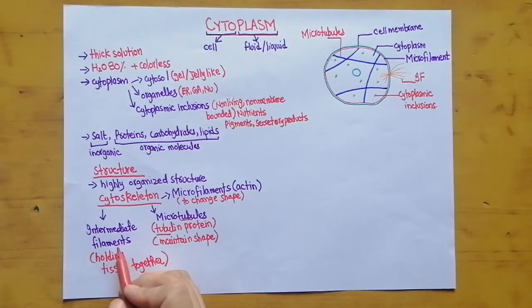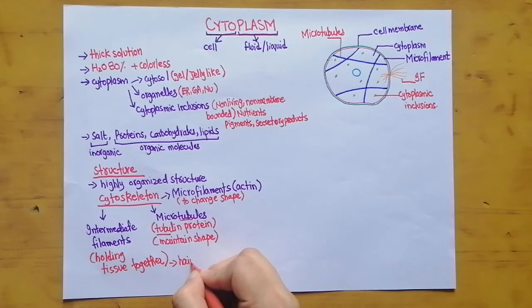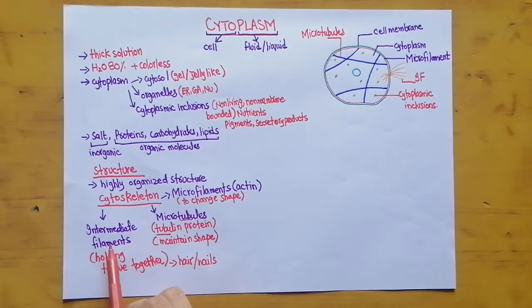If we talk about the composition of intermediate filaments, the composition changes according to their function or according to the presence of these filaments. If you take the example of hair or nails, in both these structures, the intermediate filaments are present, and the protein present in these is keratin.